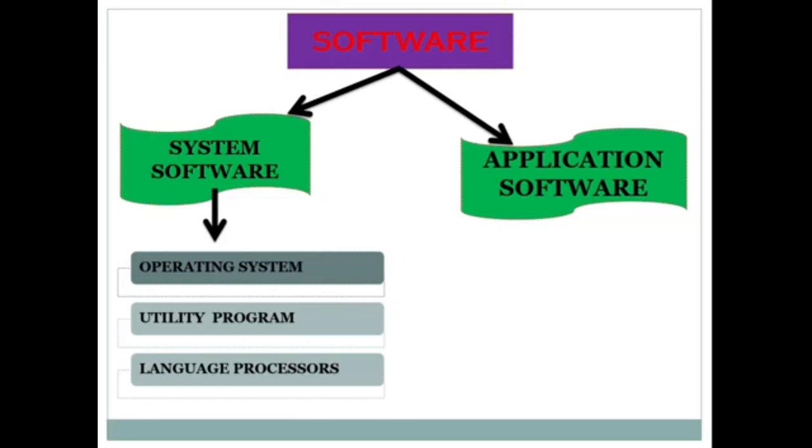Okay. So software is two types. One is system software, another one is application software. So this system software is further divided into operating system, utility program and language processor. Here operating system acts as an interface between the user and the machine.